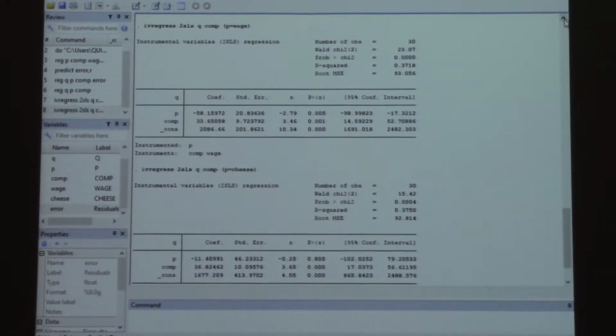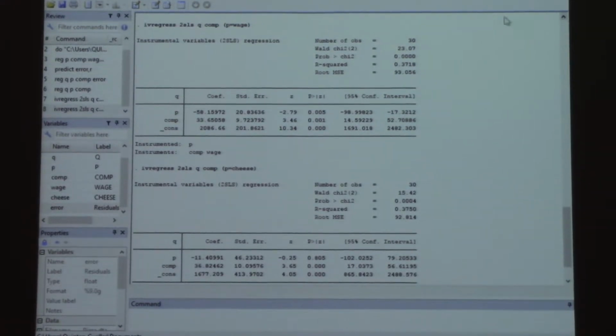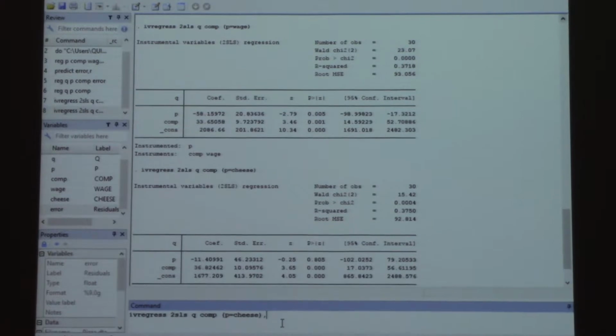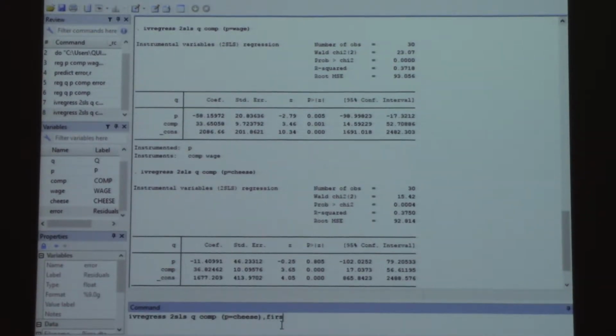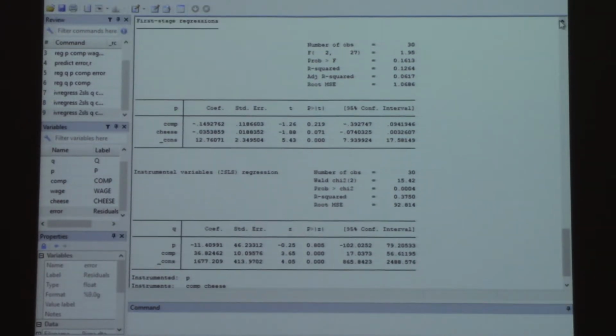Another rule of thumb is, remember, two-stage least squares regression goes in two stages. The first one is they construct the instrument, and the second one is then they use that instrument in our regression. So if we go to our regression command and we use the word first, it'll show us both stages of our two-stage regression.